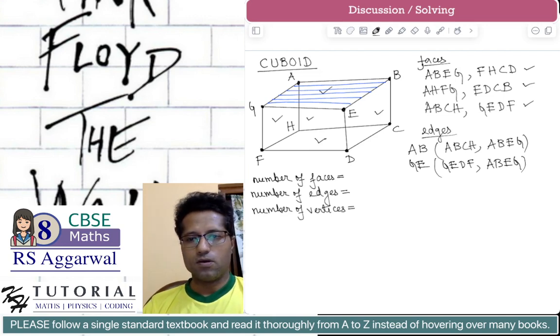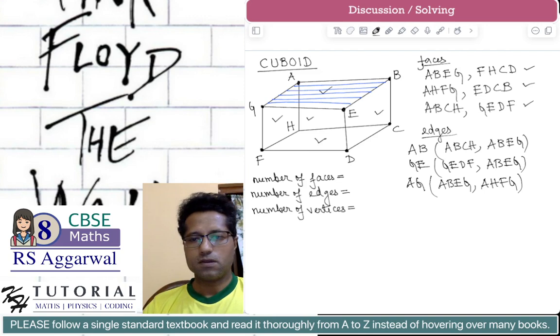Okay, now this is another edge. Let's consider the edge AG. Now, what are the two common faces that meet at the common edge AG? One must be ABEG, and the other one will be AHFG.